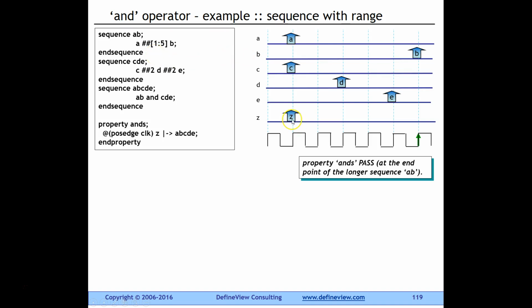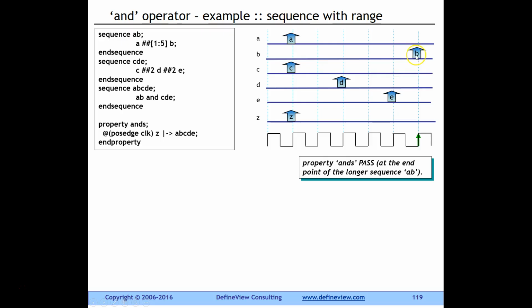And if you look at this timing diagram, Z is true at this clock. And as the requirement says, both the sequences AB and CDE must start at the same time. So A is high and C is high. That means both sequences will start at the same time, which is good. Then let's look at AB. A, and then 1, 2, 3, 4.